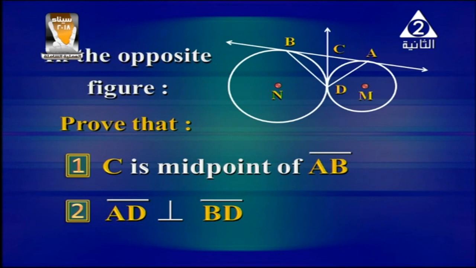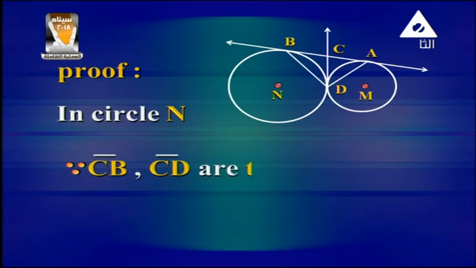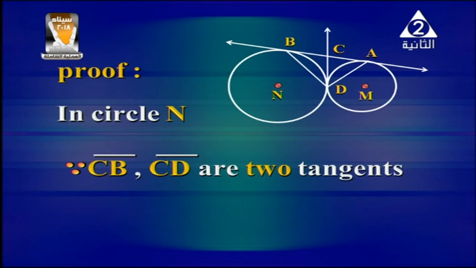Then, first of all, you are going to notice that in circle N, you have two tangents, which are CB and CD. So we can say that CB and CD are two tangents to the circle N, so their lengths are equal. Then CB equals CD.